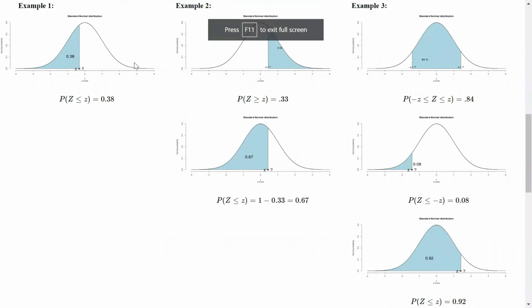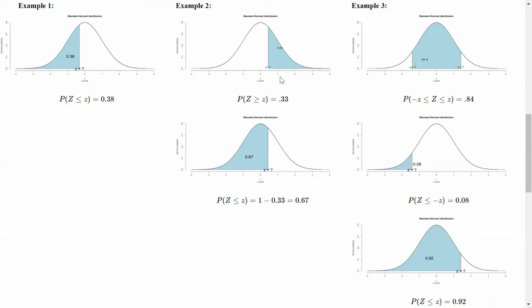Let's consider these three examples with the given probabilities 0.38 on the left, 0.33 on the right, and 0.84 in the middle. Keep this left as it is, and we are going to change right and middle into left as follows.